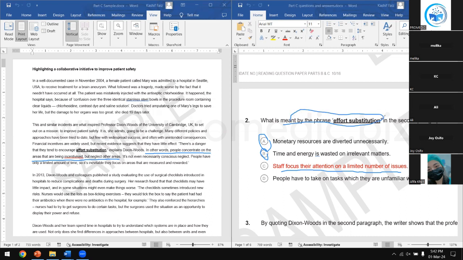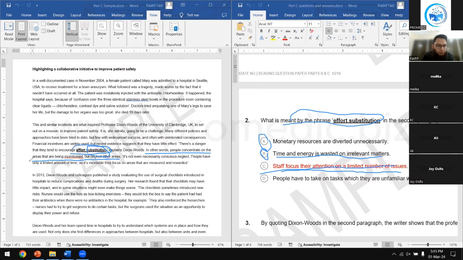You should have a little idea what substitution means: to change one thing or have an alternative for another. So in this context, the correct answer is that staff focus their attention on a limited number of issues. Time and energy is wasted on irrelevant matters is not written here, and does not mean effort substitution.